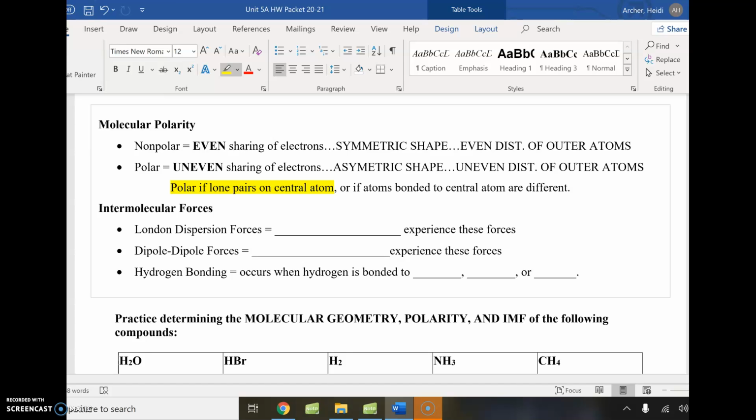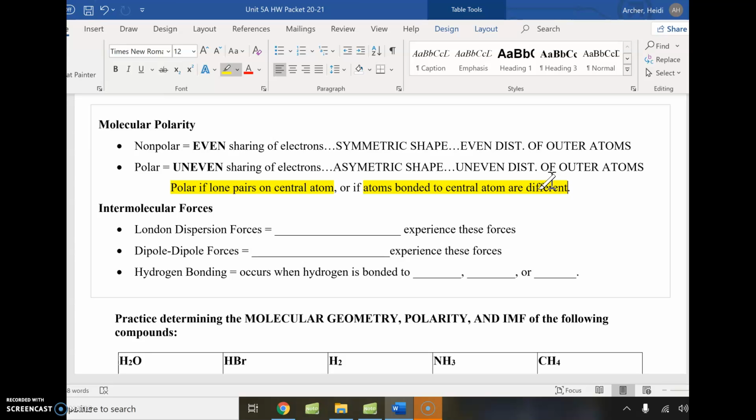The other situation that could create a polar molecule is if the atoms bonded to the central atom are different. Okay, so this is two different scenarios. If we have lone pairs on the central atom, that means that we're polar.